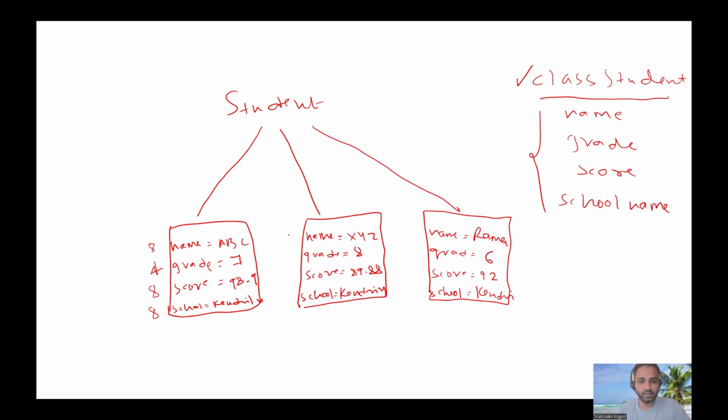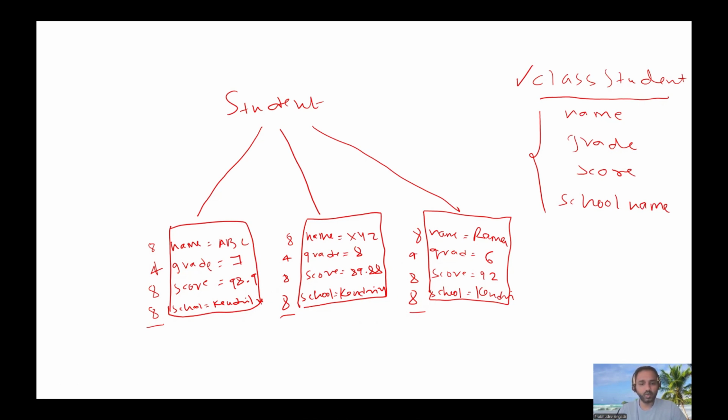And if you see here everywhere, 8 4 8 8, and here also 8 4 8 8. So if the school name is the same for all the students, then why should I add school name in each object? Because every time it is consuming 8 bytes of memory in my system. So can I do one thing?